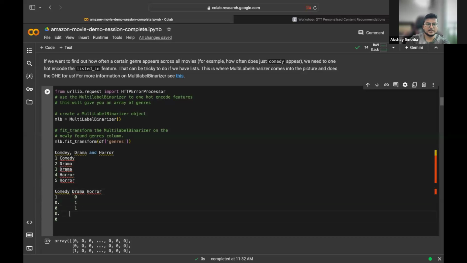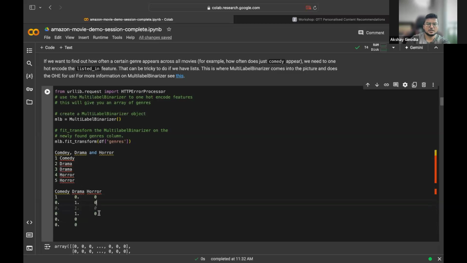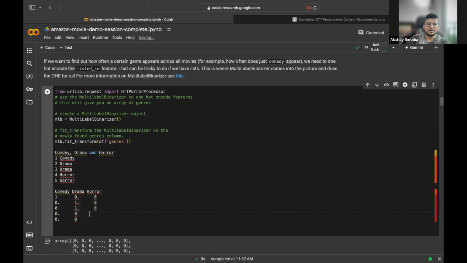So wherever that value is present is going to have a value of 1, and wherever the value is absent is going to have a value of 0. Similarly for horror, it's going to be 0 for the first 3, and 1 for the last 2.